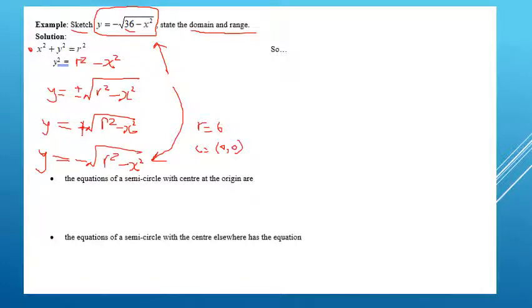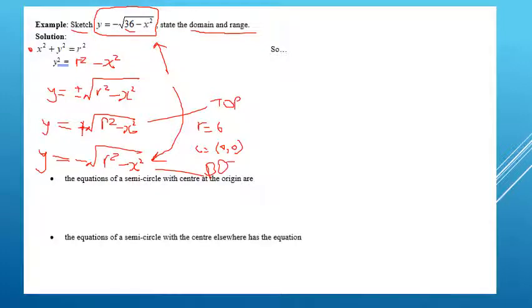Alright, this gives me two semicircles. If it's a positive square root, this is the top semicircle, and if it's a negative out the front here, this is the bottom semicircle.